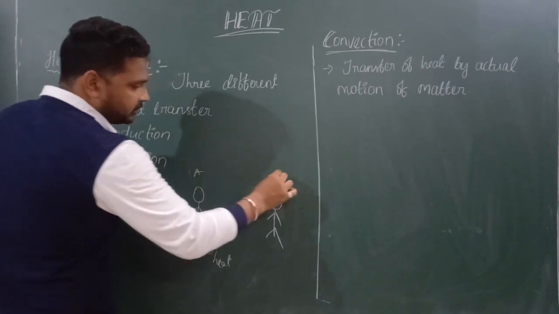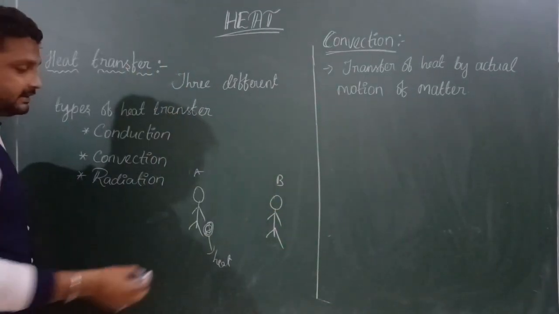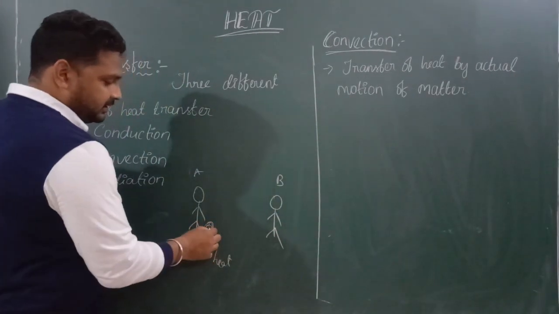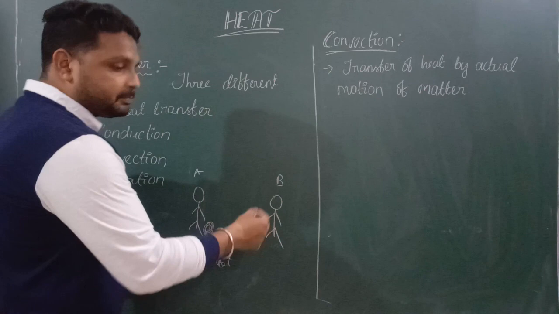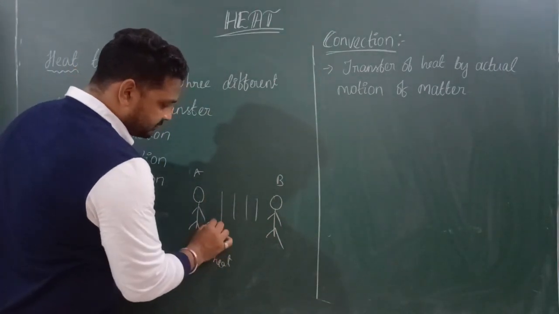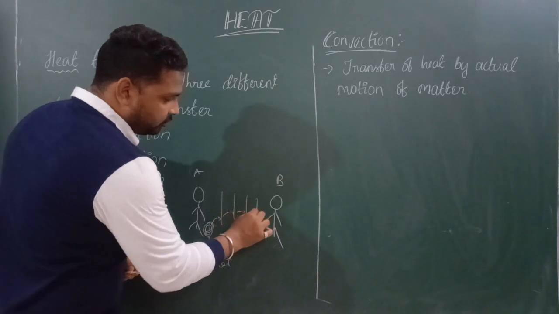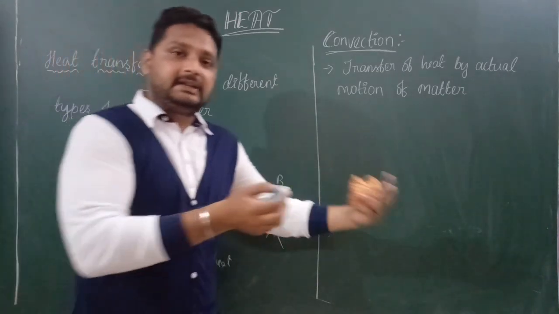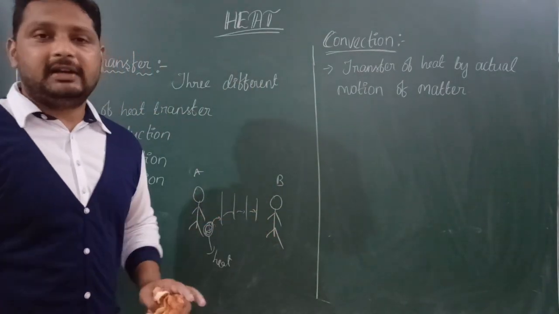In the first example, the heat was passed from one person to another person standing in line. This was given to him, then to him. No one changed their places, just heat moved from one place to another.